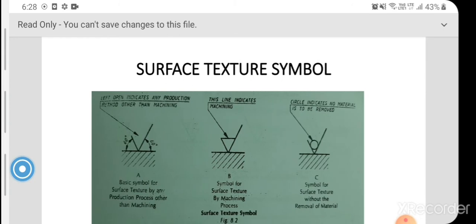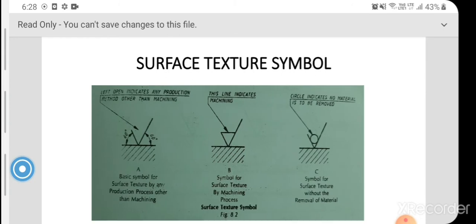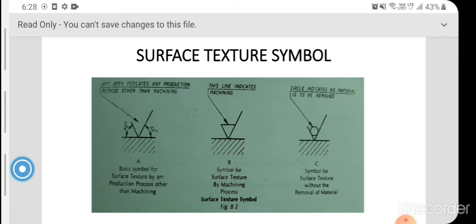Next is symbols for indicating surface texture. The first symbol is the basic symbol. It indicates the quality of surface texture on a surface produced by any production method other than machining. It looks like a tick symbol with two legs of unequal lengths inclined at approximately 60 degrees.